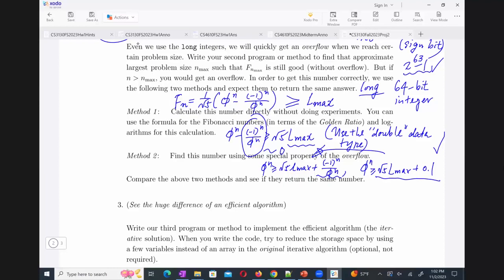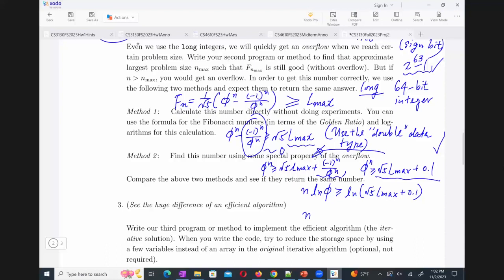Can you solve for the left-hand side? You can take natural log, whatever log it is. So here, let me take natural log. n times natural log phi greater or equal to natural log of root 5 L max plus 0.1.